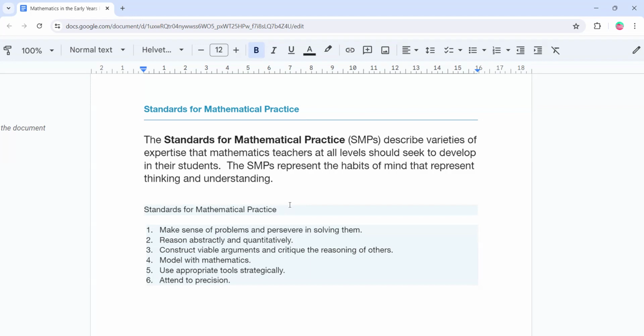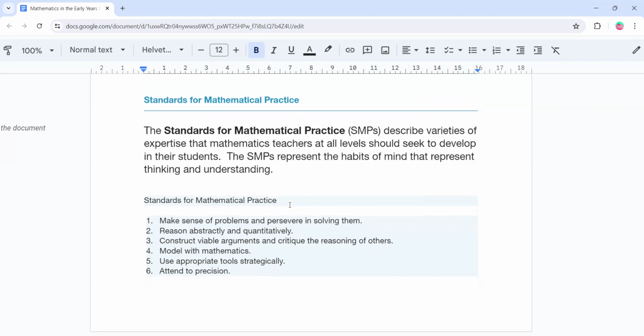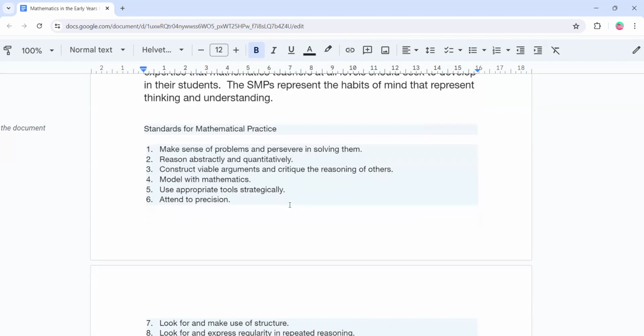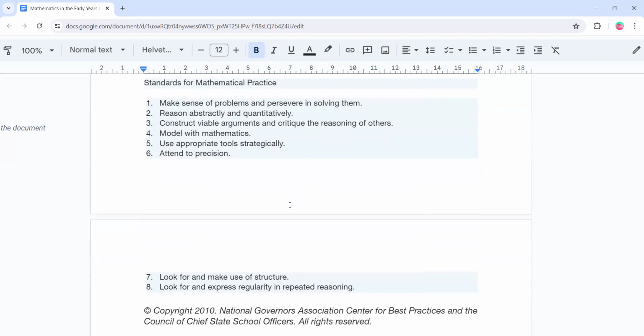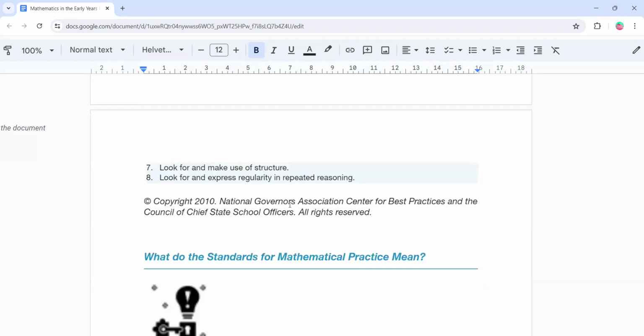Model with mathematics, use appropriate tools strategically, and attend to precision. There are two more: look for and make use of structure, and look for and express regularity in repeated reasoning. Good. Now we'll talk about the eight standards of mathematical practice one by one.